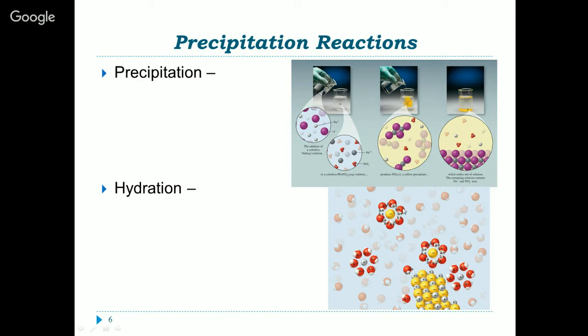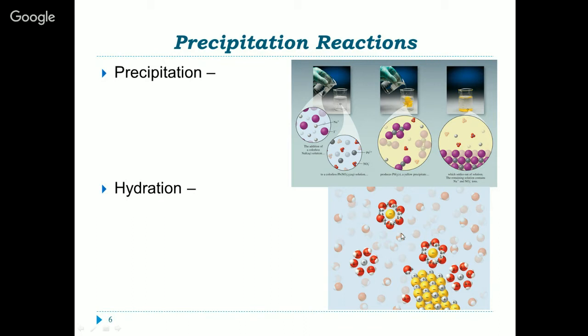Hydration results from when water molecules arrange themselves to surround particular ions in solution. Water is polar. The hydrogen atoms are slightly positive. The oxygen atoms are slightly negative. So water will arrange itself in a way to surround a negatively charged ion with all of the positive hydrogens. We also see that the slightly negative oxygens can surround a positively charged ion.